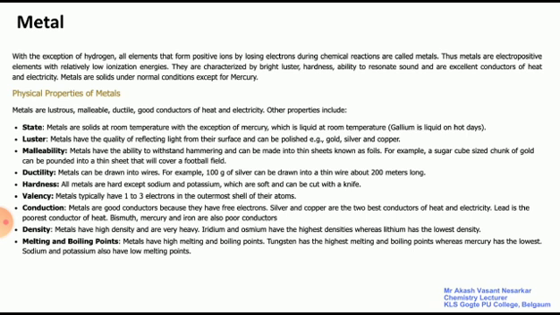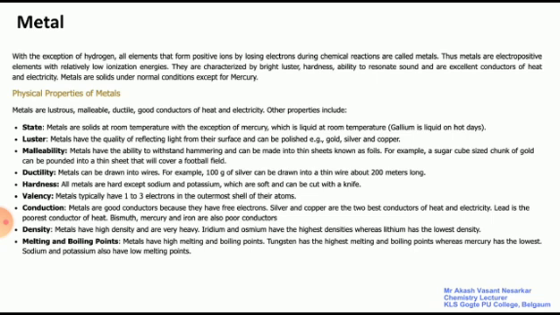Now, let us talk about metals. As I said, electropositive elements are called metals, with the exception of hydrogen. With the exception of hydrogen, all elements that form positive ions by losing electrons during chemical reactions are called metals.